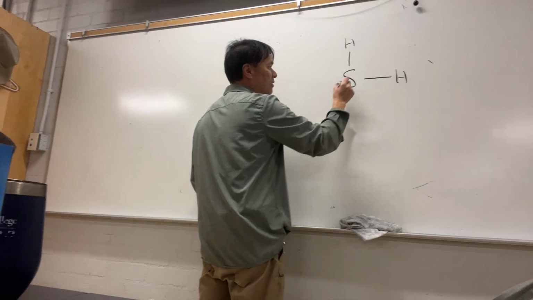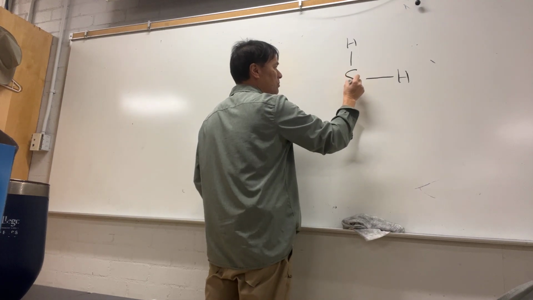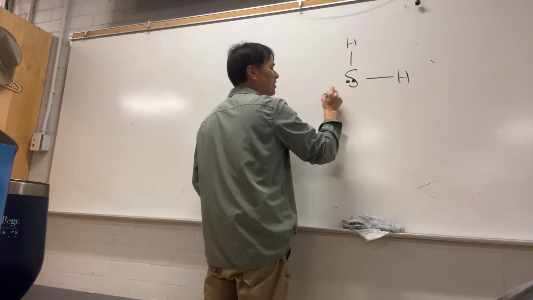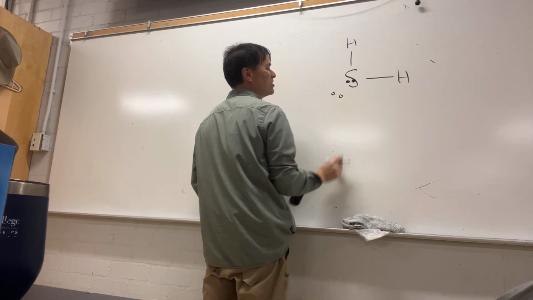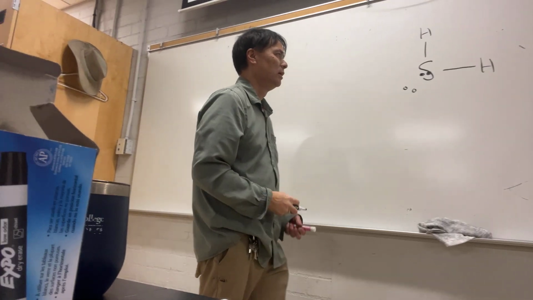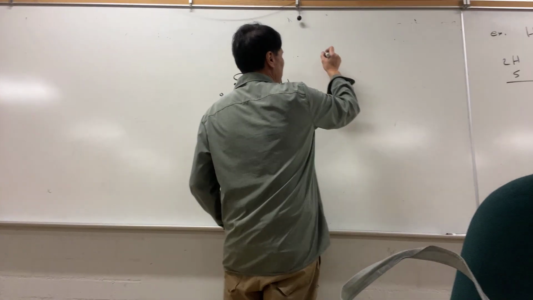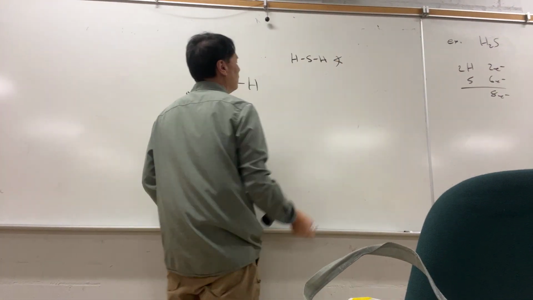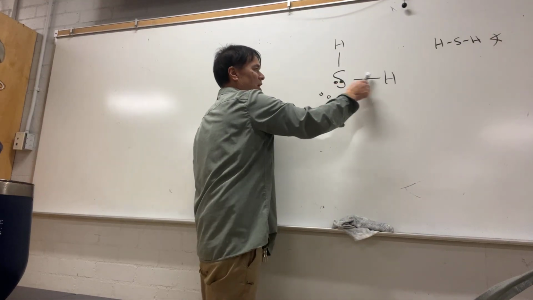What do you expect that angle to be? I expect it to be 90 degrees. That makes sense because the p orbitals are oriented 90 degrees relative to one another, and so the bond angle should be 90 degrees.